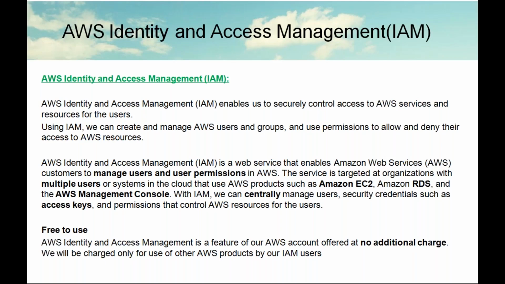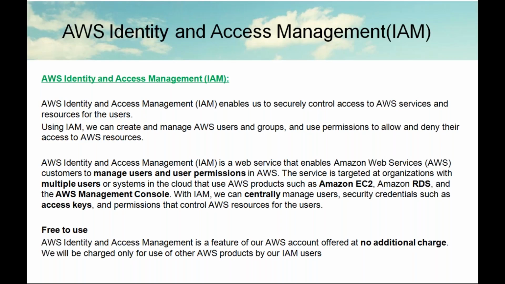As we already discussed, by default we log in as a root user. As a root user, you can create normal users in the AWS Management Console and give allow or deny permissions on particular resources and services.